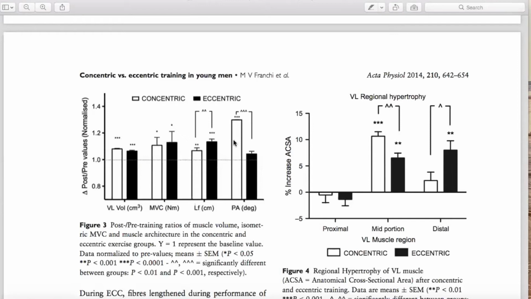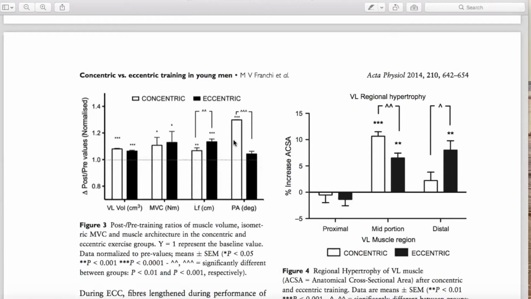At a cellular or sarcomere level, the increase in fascicle length likely reflects an addition of sarcomeres in series rather than in parallel, whereas the increase in pennation angle has been seen as a strategy to pack more contractile material in a given space along the deep tendon aponeurosis of a muscle. So it likely reflects an addition of sarcomeres in parallel rather than in series.